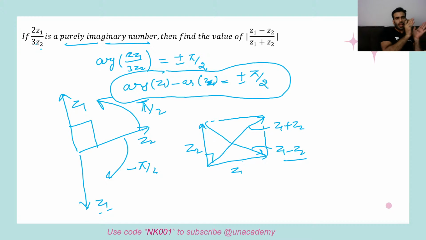Now, any parallelogram where two adjacent sides have a 90-degree angle is called a rectangle. Now tell me one thing. A rectangle's diagonals are always equal in magnitude, right? Correct. So that means mod of z1 plus z2 and mod of z1 minus z2 are equal to each other, right?